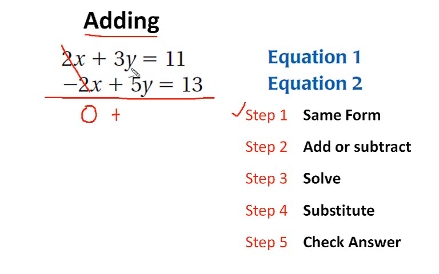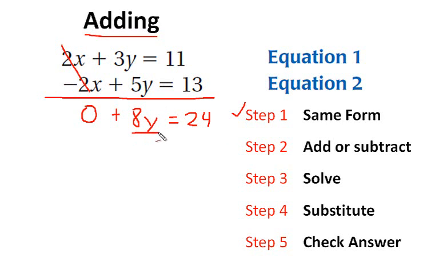So 3y plus 5y is going to give me 8y, and then 11 plus 13 is going to give me 24. When you have two terms where one's positive and one's negative, and they both have the same coefficient in front, you're going to be adding them so they cancel out.